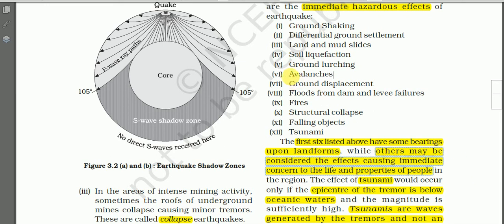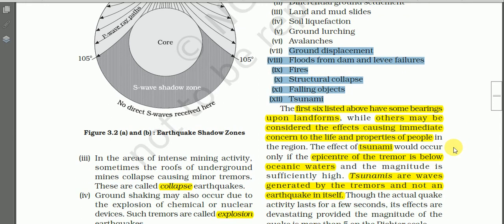From 7 to 12 it is related with the destruction of life and properties, okay. And the effect of tsunami would occur only if the epicenter of the tremor is below the oceanic waters and the magnitude of the wave is sufficiently high.